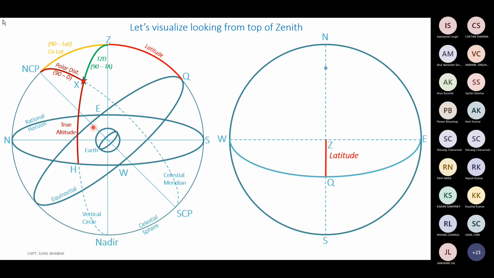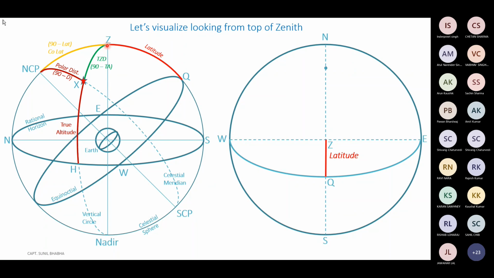So that's why you only see half of the equinoctial, which is visible to you as WQE in our rational horizon diagram. Now let's proceed ahead. Let's come back to the Z point.